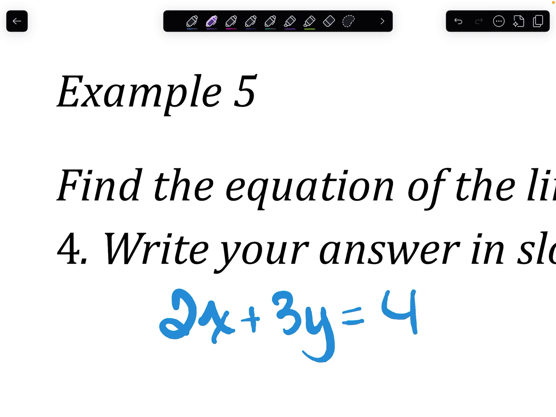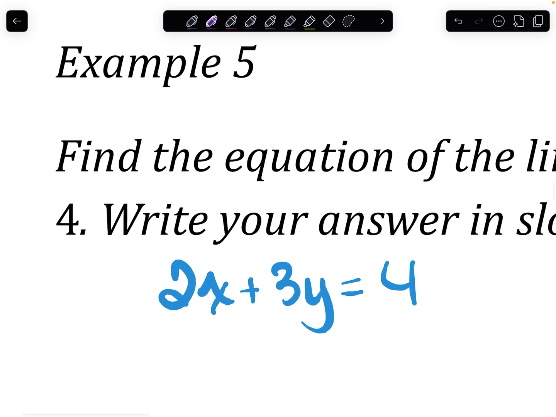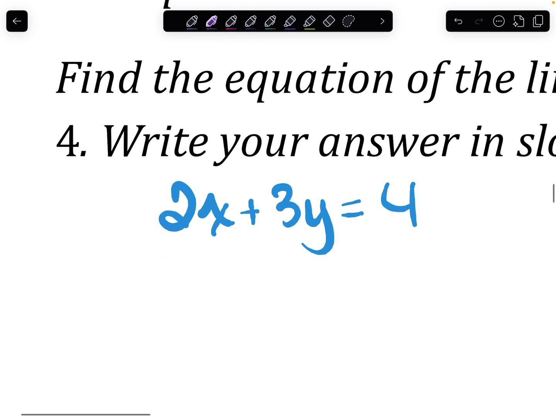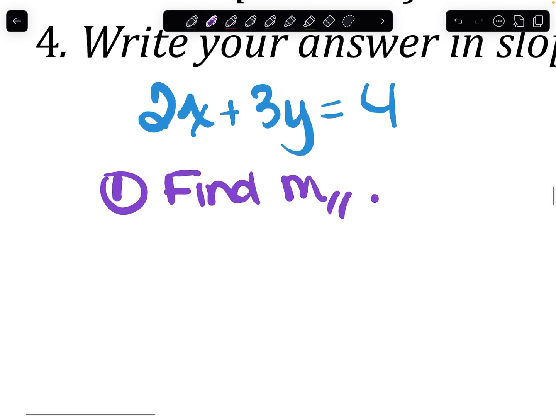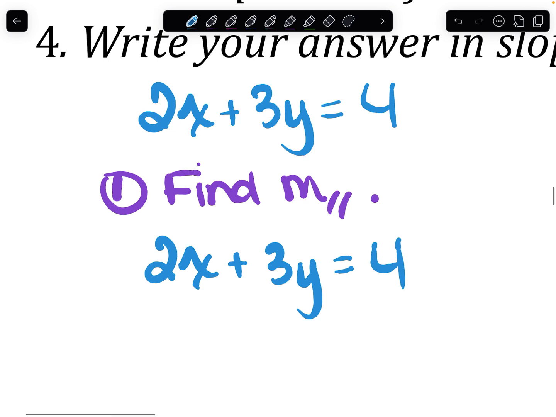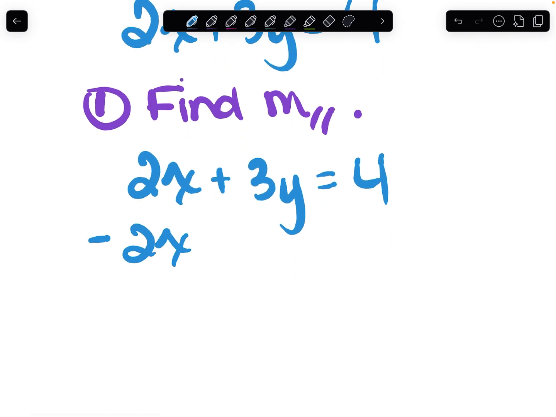All right, so here we don't have two points where we can find the slope, but we do know it's got to be parallel to this line. So the first thing we need to do is to find m parallel, the parallel slope, m with two little parallel lines next to it. If you just want to write the word parallel, you can. To do that, I need to get this equation written into slope-intercept form. So I'm going to move the 2x.